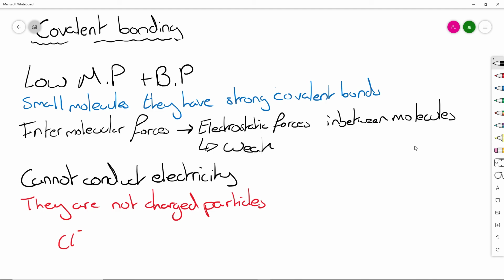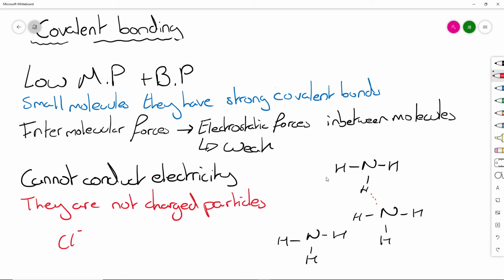So, as they are between the molecules, let's say we have NH3 again. Then we have another NH3 down here. And we have another one over here. What we find is that we form these intermolecular forces between different molecules. And there's a lot of them, but they are weak, so they're not very difficult to break.